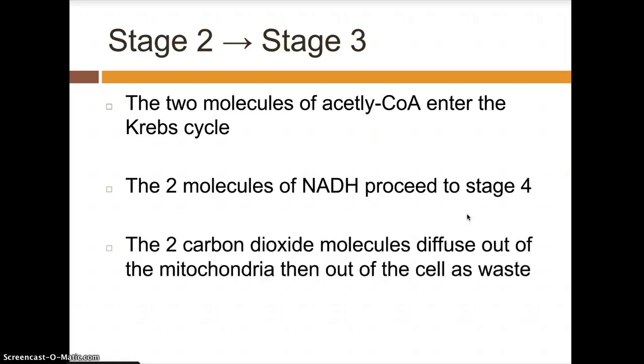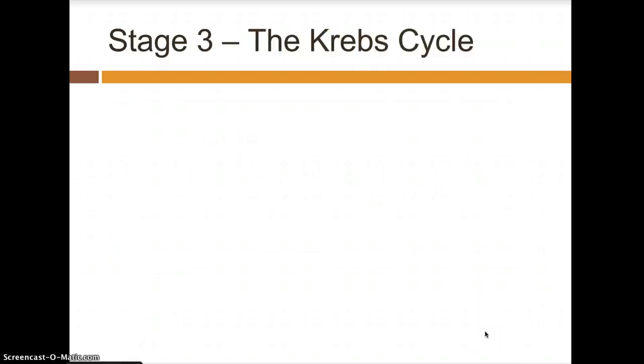And the 2 carbon dioxide molecules diffuse out of the mitochondria and out of the cell as waste. So this pyruvate oxidation is where carbon dioxide is produced. This is important to know for the overall net reaction of cellular respiration.